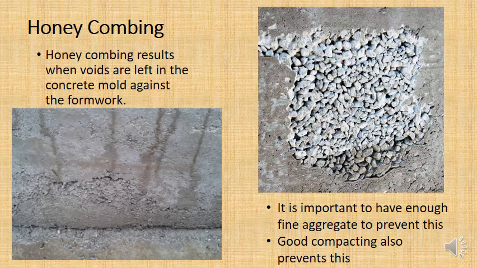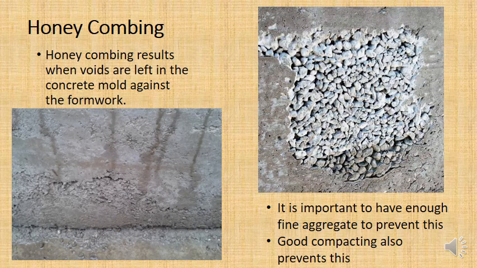Now, how do you avoid honeycombing? Well, you've got to make sure you compact it well to get rid of all of those air voids. That's one of the reasons why you need to have a workable concrete. If the slump is too small and the concrete is too thick, you're not going to be able to compact it fully, and you're going to end up with voids.